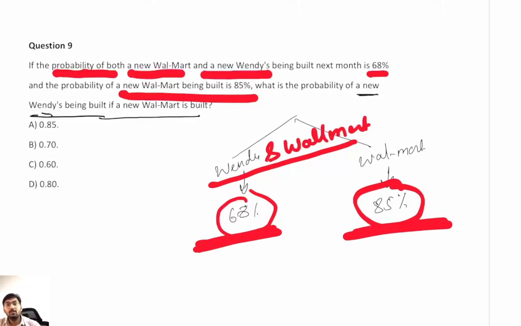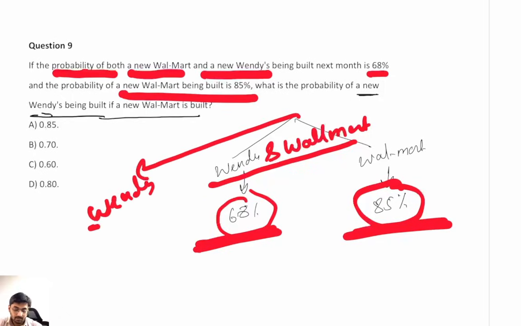Now they are asking me, what is the probability of just a Wendy to be built if a new Walmart is built? Clear? So it's condition based. First I need to fulfill the condition that Walmart is built. Clear? Now what is the probability after that the new Wendy's is built, after the Walmart is built?